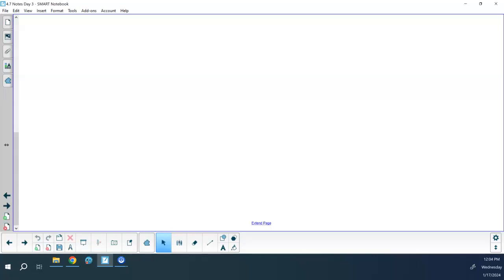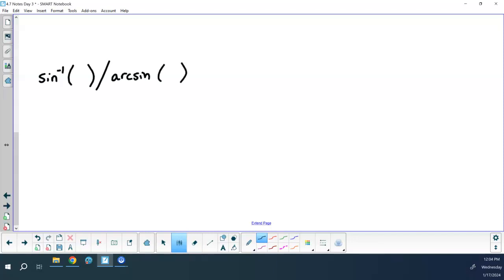Our first one that we had, I think, was inverse sine of something, which was also the same as arcsine of something, which really, if you think about it, is the same as inverse cosecant or arccosecant, right? Because cosecant goes with sine, and sine goes with cosecant.